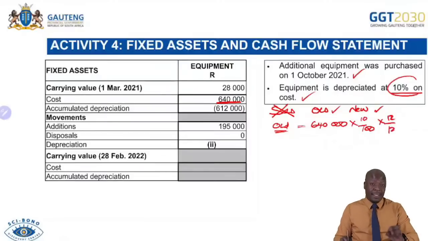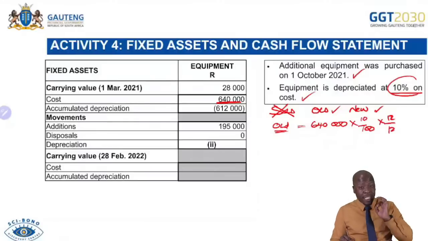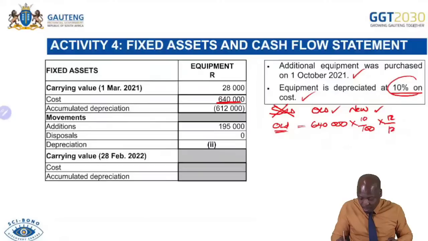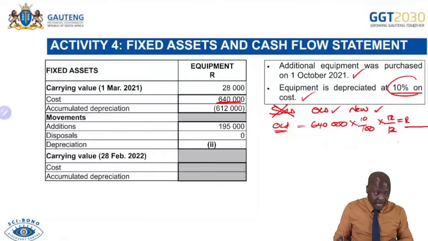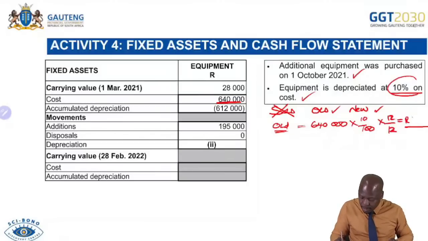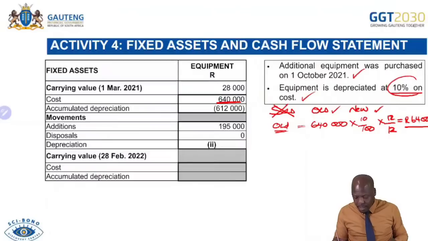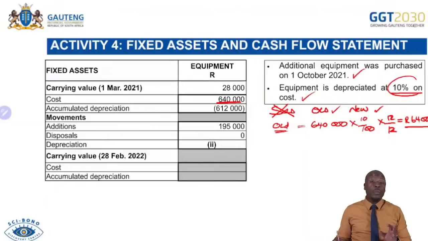For the old asset, it will always be 12 over 12. If you punch that in your calculator, you will get 64,000.